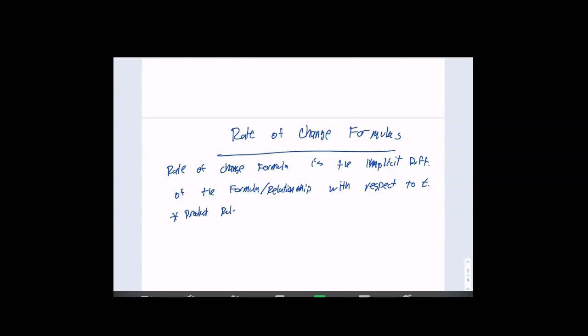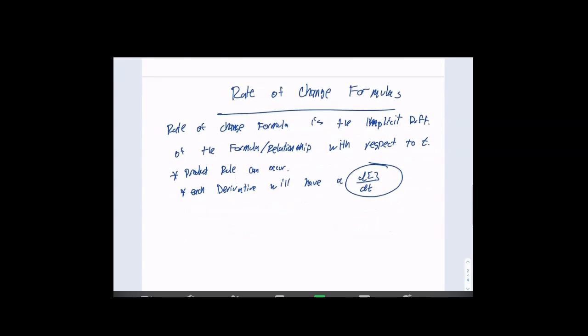Product rule can occur. Each derivative will have a d dt.